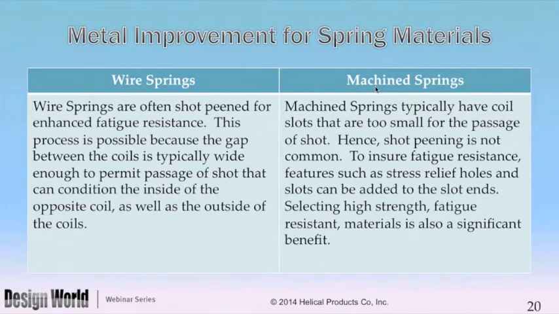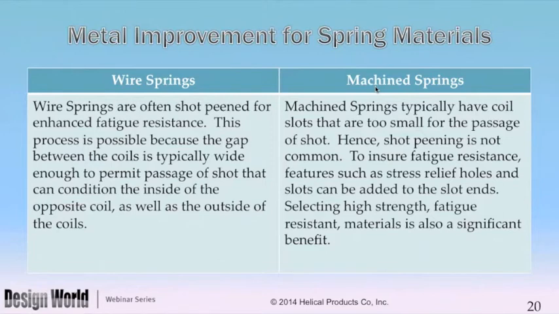Metal improvements on wire springs is often significant. It's not uncommon to shot peen wire springs. This helps the fatigue resistance of the spring, and the reason this can be done is the wire springs historically have wider gaps, and so if the application needs shot peening, usually the wire springs will meet that criteria.